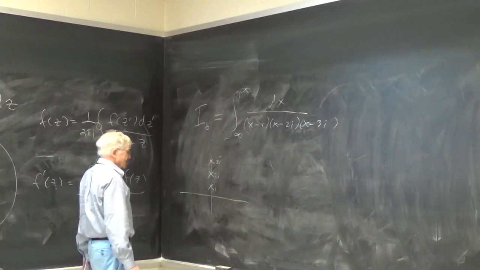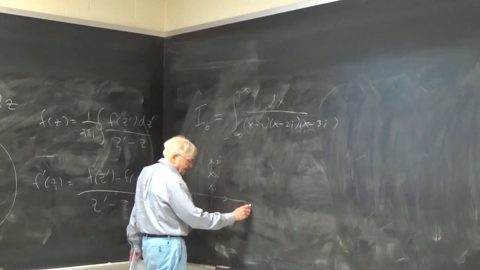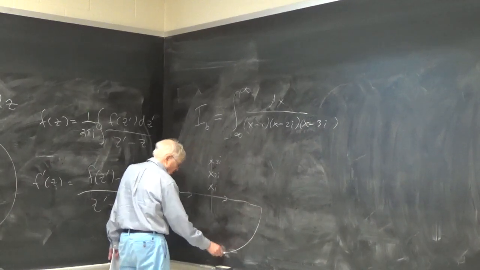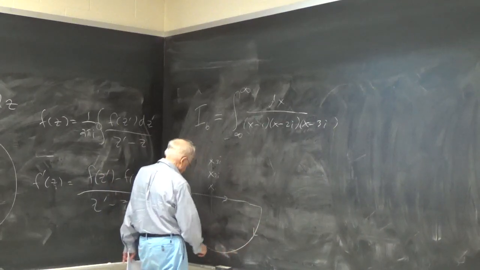Well, one way of doing the integral is saying that we add what we can call a ghost contour around the lower half plane.